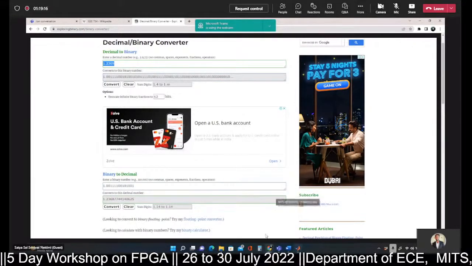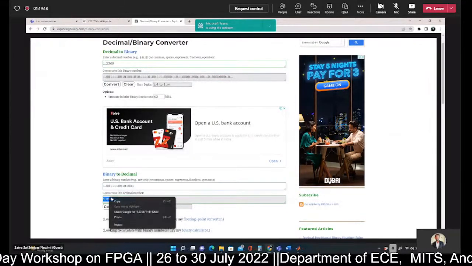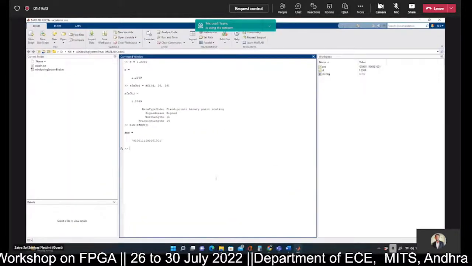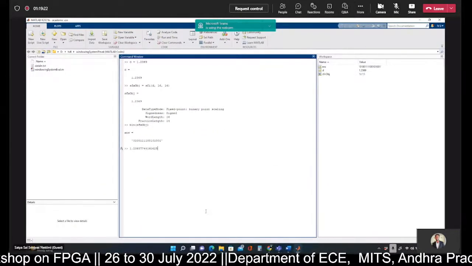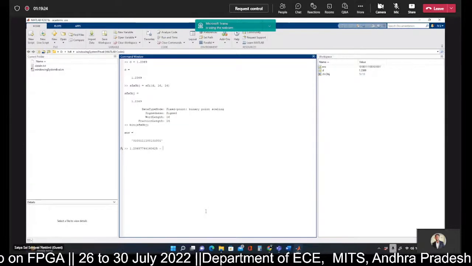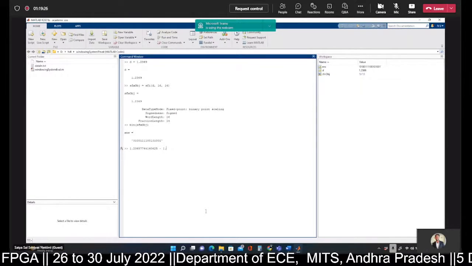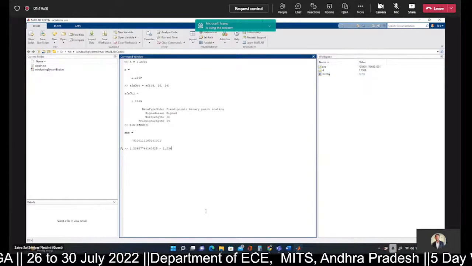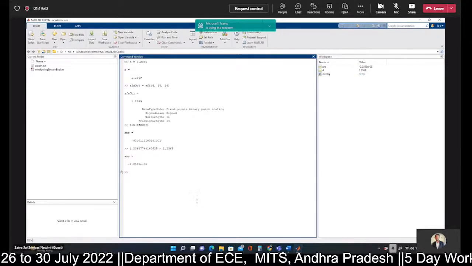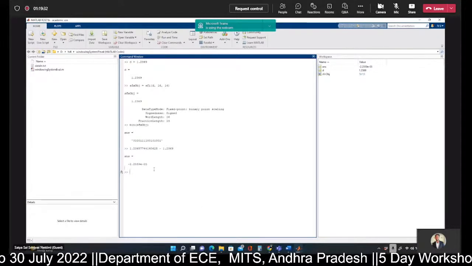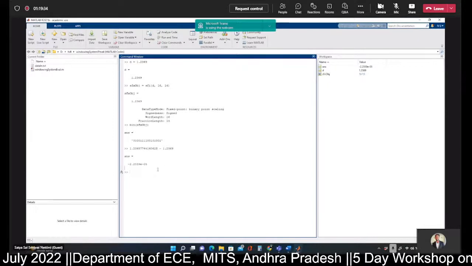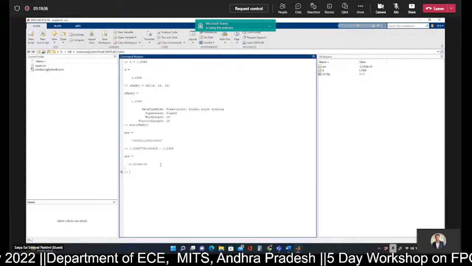So what is the error in the representation? This value minus the original value 1.2369. So the error is in the order of 10 power minus 5.